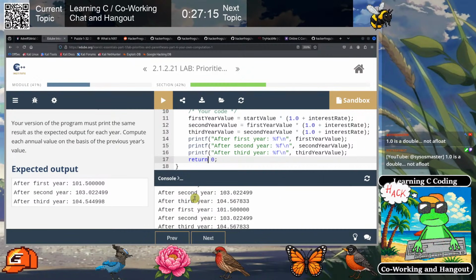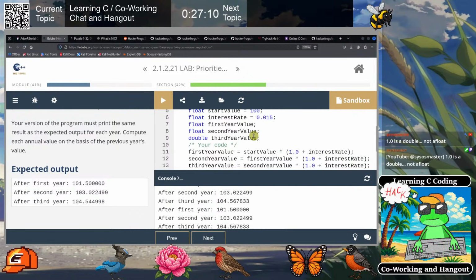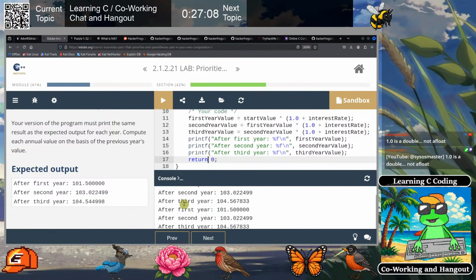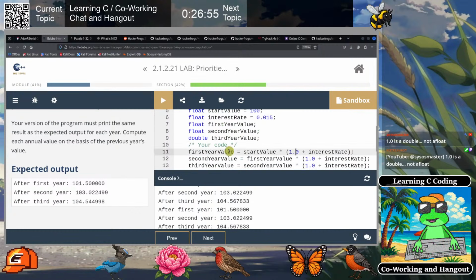So 1.0 is a double, not a float. Okay, how can you tell though? Does it default to double? Hold on, let's try this.